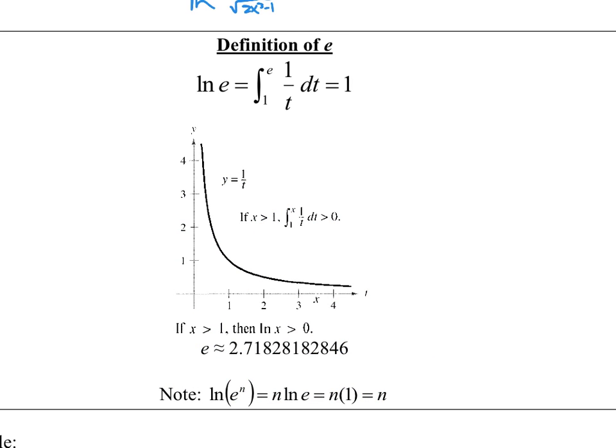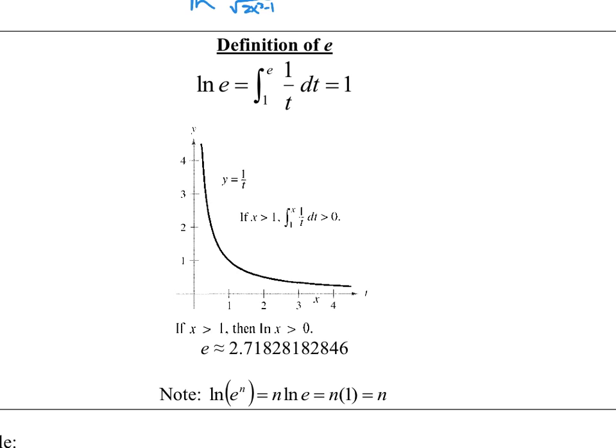So at this point, we want to define what e is in terms of an integral. Okay. Now, as we look at this, you'll notice we're doing the integral from 1 to e of 1 over t dt, and that is the natural log of e.